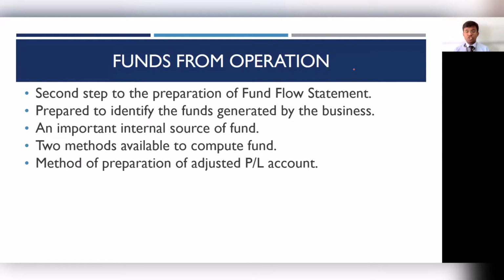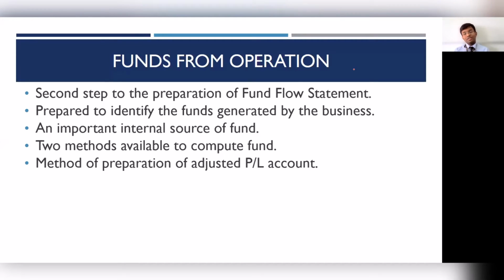Just to give you a nutshell of what is meant by adjusted profit and loss account. We already know that profit and loss account is a statement prepared as a part of your final accounts in order to determine the net profit.